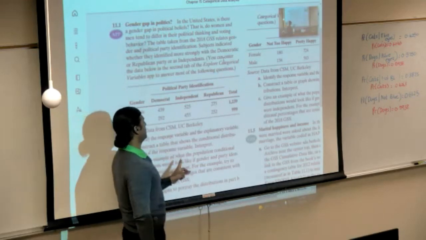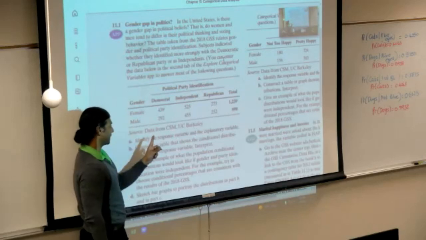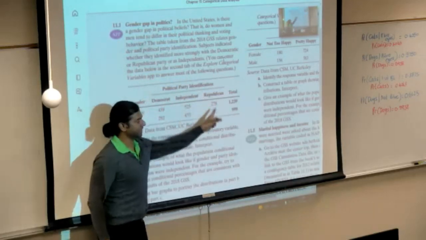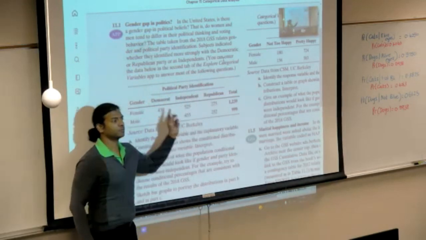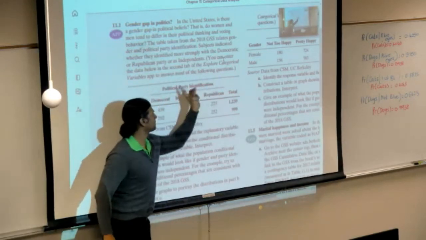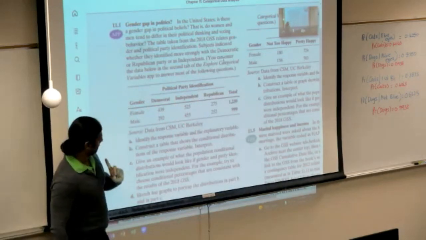So the explanatory variable is gender because gender explains the political party that a person will choose. Does that make sense? So that would be the response, and that is the explanatory variable.